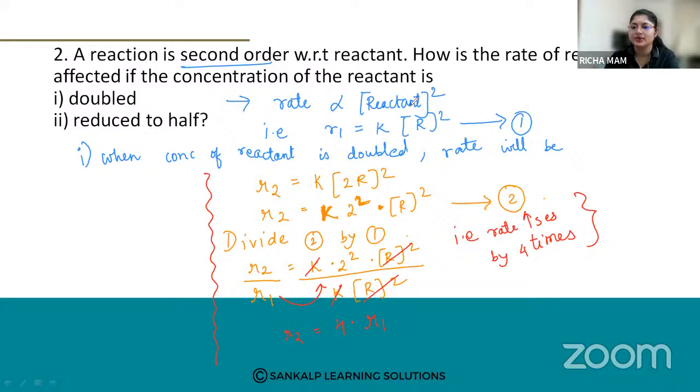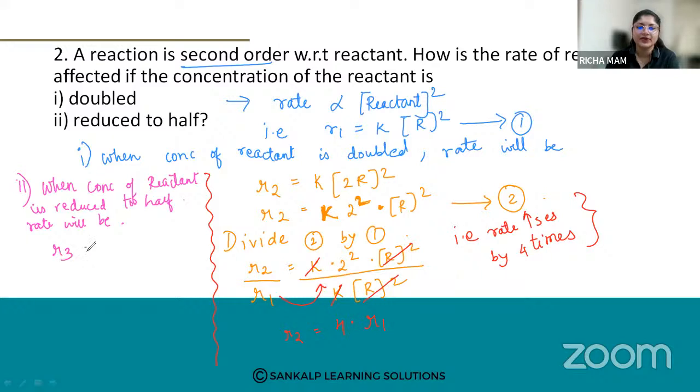Okay, so the second one. When the concentration of the reactant is reduced to half, what will happen to the rate? Let us see.